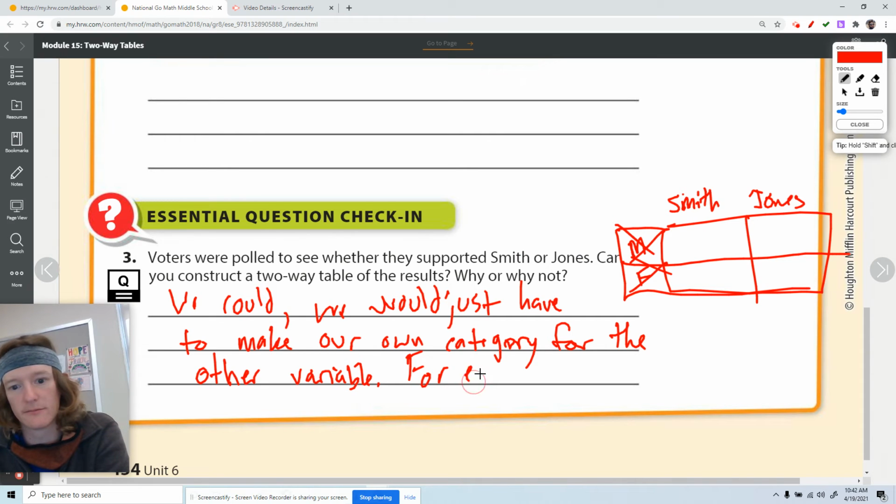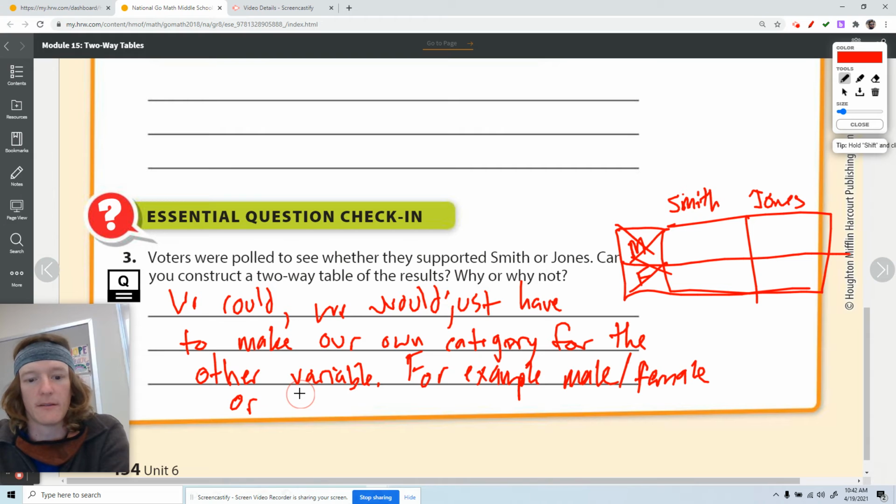For example, male, female, or greater than or equal to 40 or less than, not or equal, less than 40 years old.